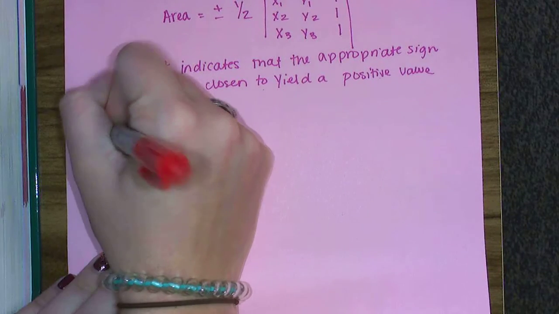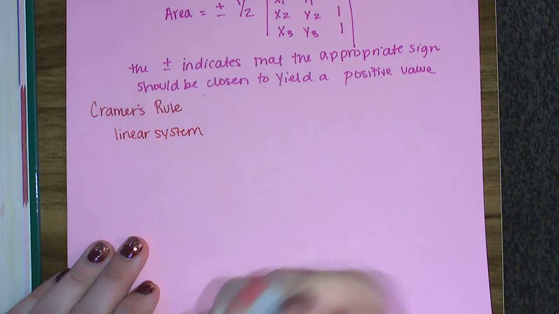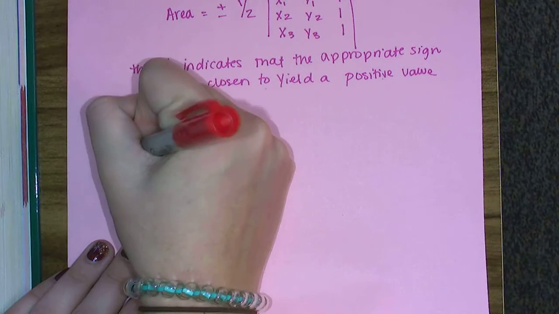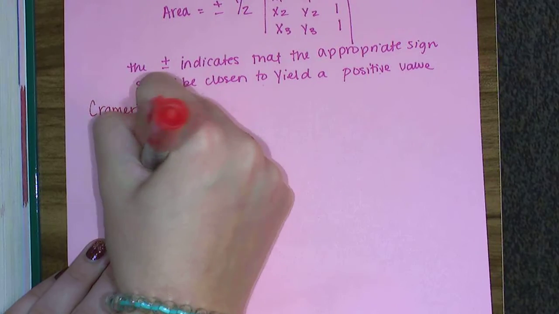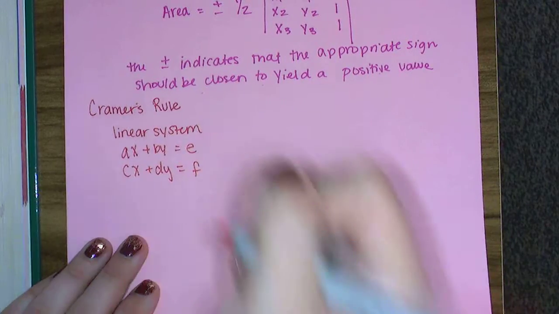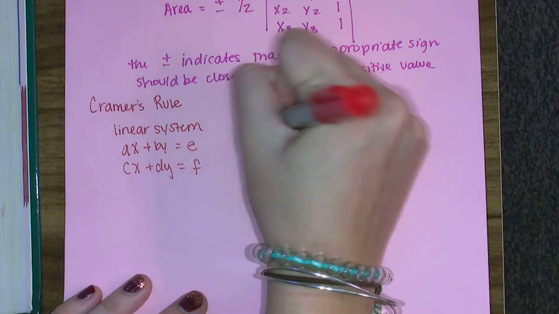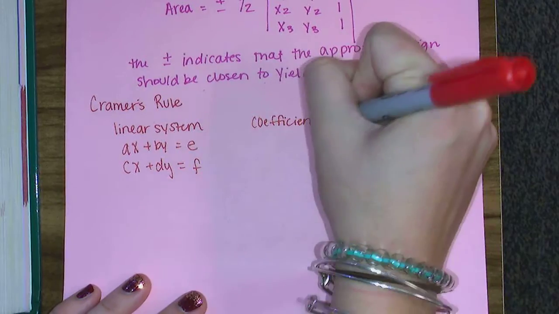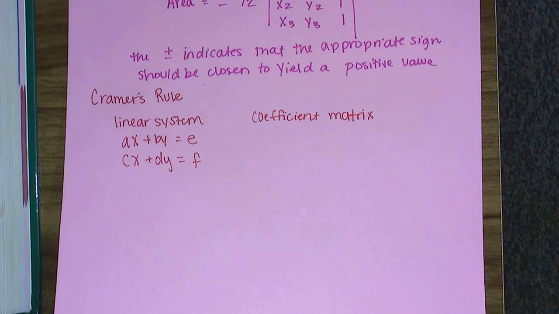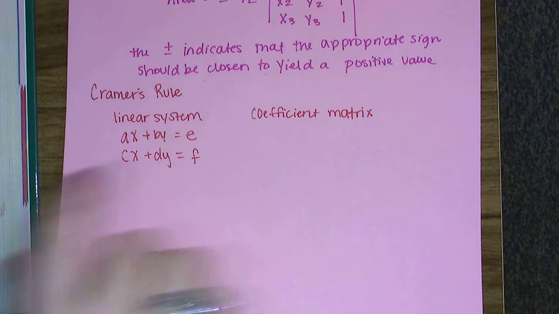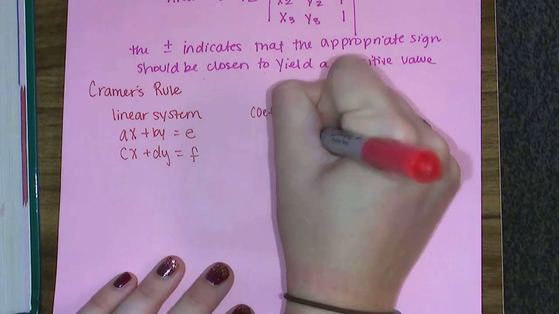You start with a linear system, meaning two equations, two unknowns, like we've been solving: ax plus by is equal to e, and cx plus dy is equal to f. The coefficient matrix is the numbers in front of the variables, so we have the matrix a, b, c, d.